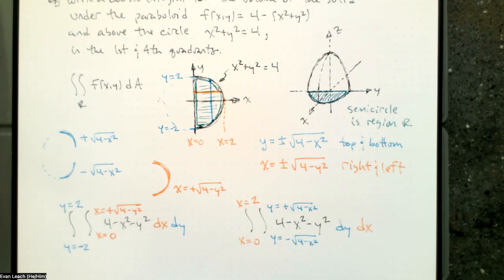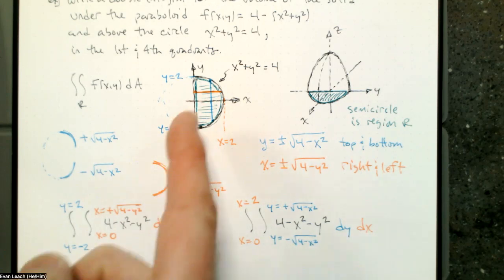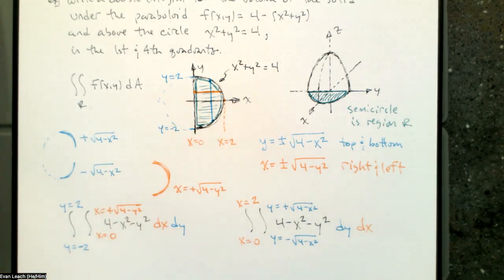In the first, in the dx dy integral, the y goes from -2 to 2, that full range. Then the x's are the ones that are cut in half. X goes from 0 to the positive square root. In the dy dx integral, x's are still cut in half, from 0 to 2. I don't get that full circle because I don't have any circle back here. But the y's go from the bottom all the way to the top. Full paths in the y.